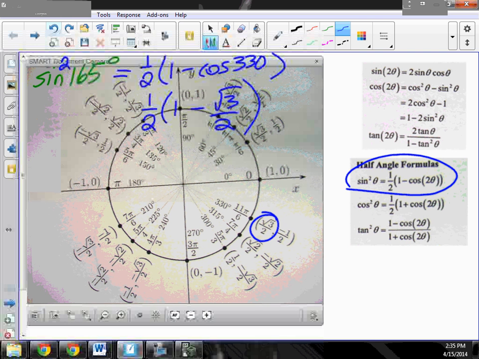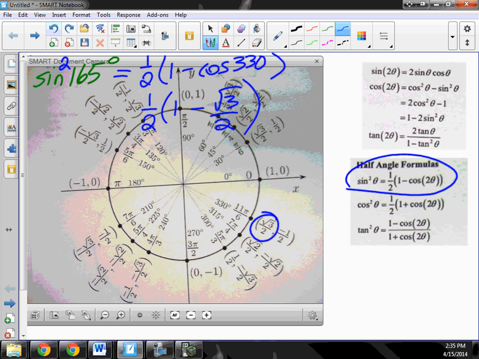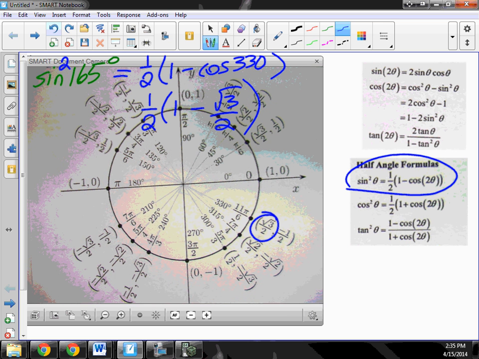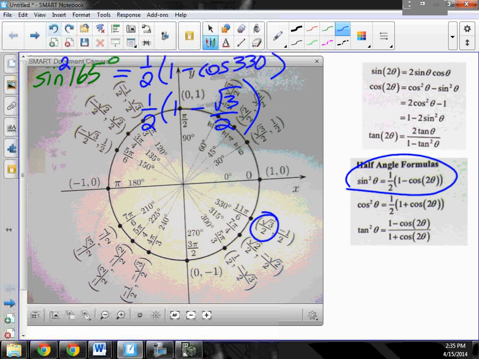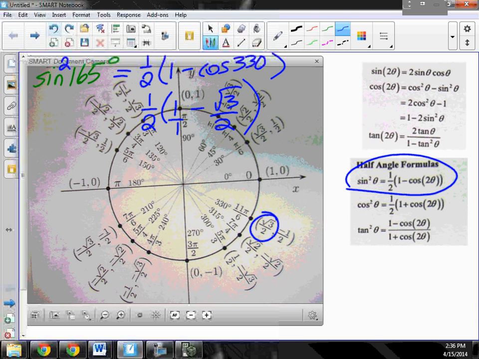Everybody okay with that? So how do we do 1 minus root 3 over 2? What's that? So we need to turn 1 over 1 into something over 2. 2 over 2.